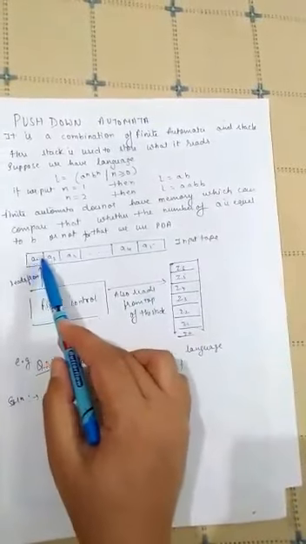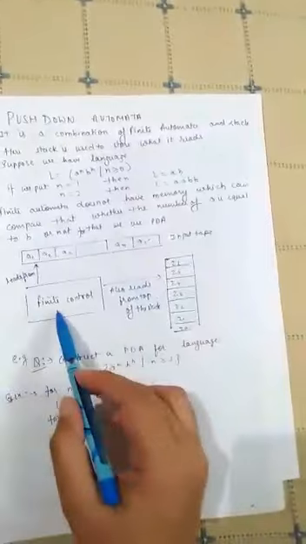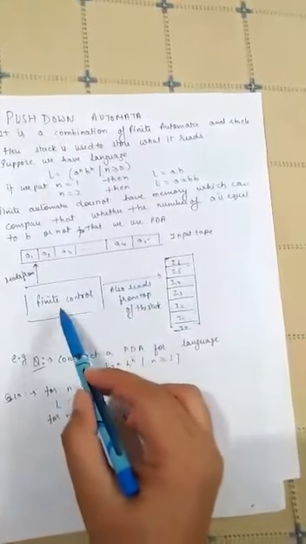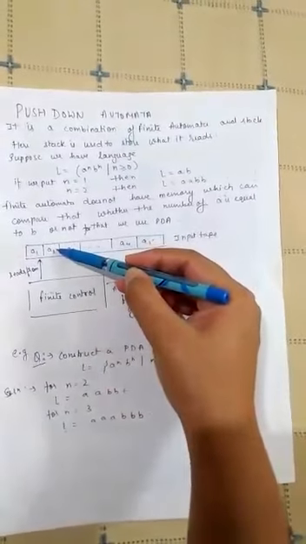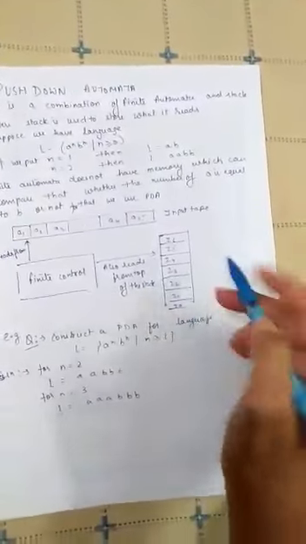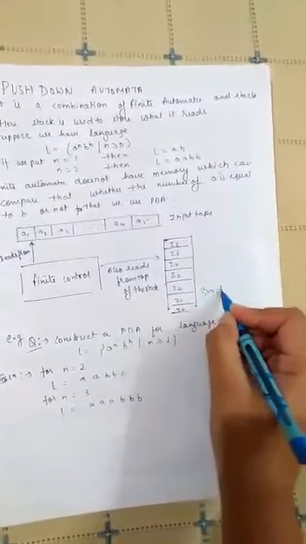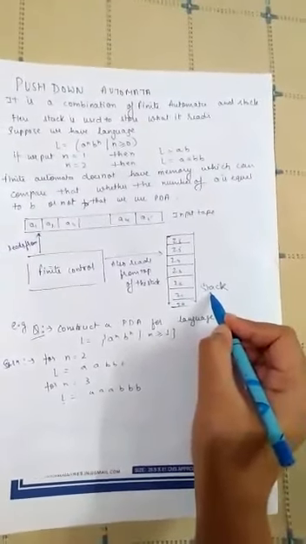The input tape consists of the different inputs from A1 up to AN. There is a finite control which performs all the operations. It reads the input from the input tape and also reads from the top of the stack. This is a stack, which is used for memory purposes.